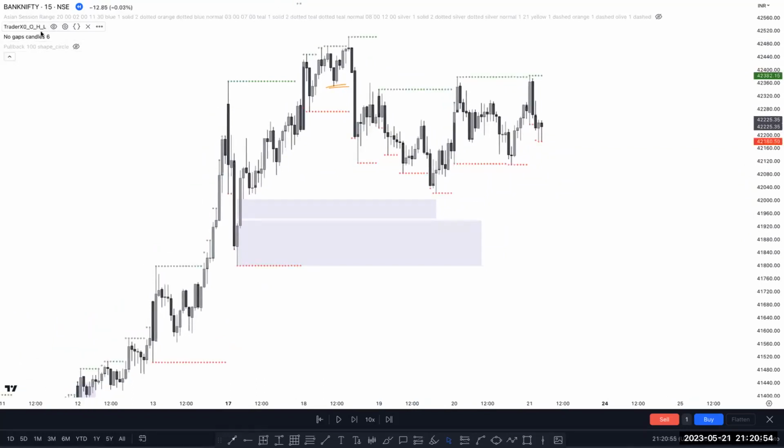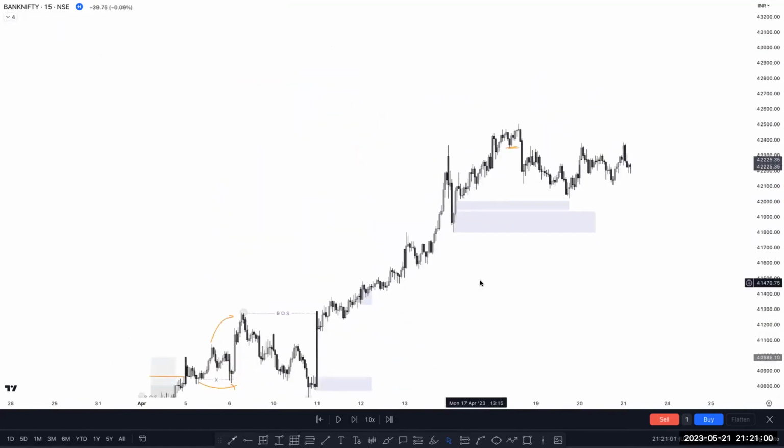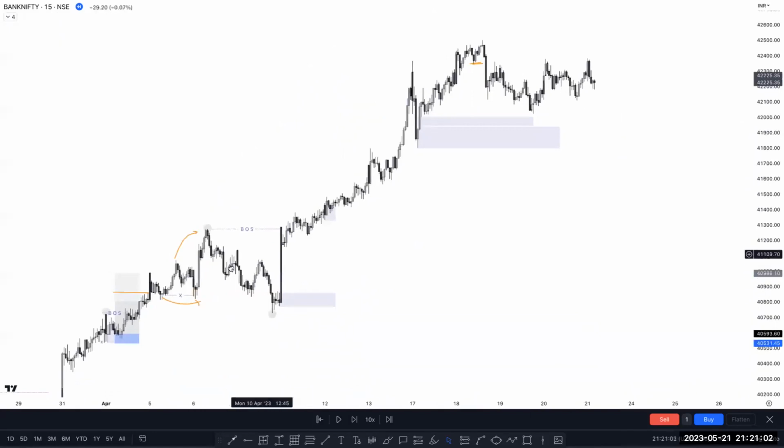So first of all, we are just checking by the structure. After that, I will also show you based on the previous day high or low, because if you combine both things, then you will be confused. So first of all, try to catch trades based on the structure.